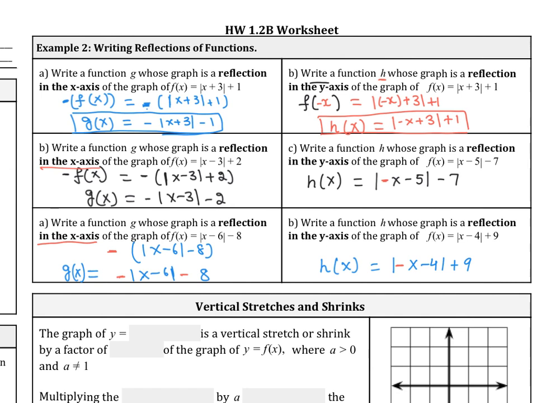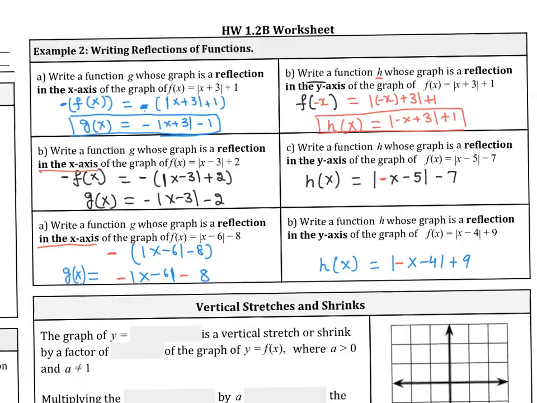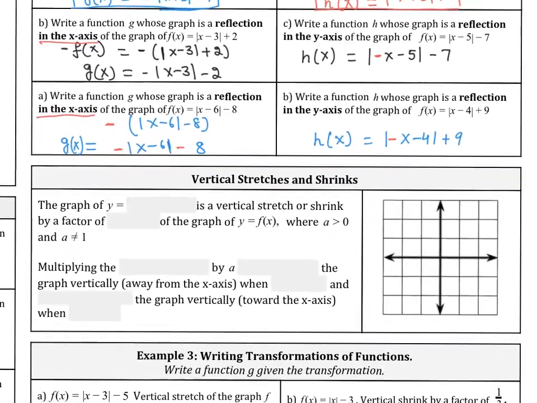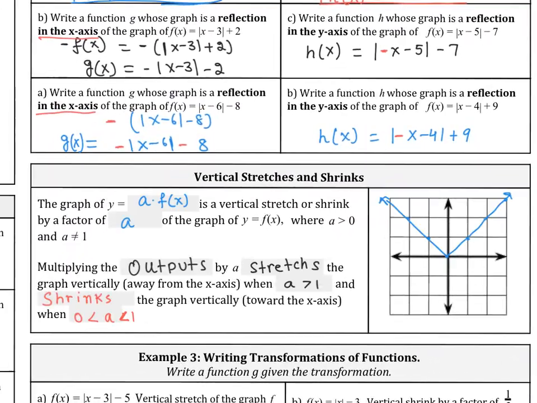Let's look at the vertical stretch and vertical shrink on the bottom of this section. For vertical stretches and shrinks, the graph of y = a times f(x) is a vertical stretch or shrink by a factor of a of the graph y = f(x), where a is greater than 0 and a is not equal to 1.